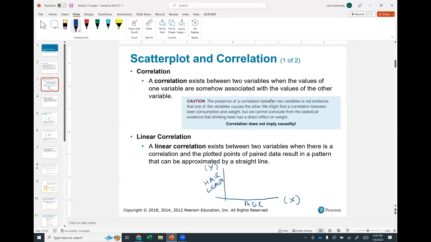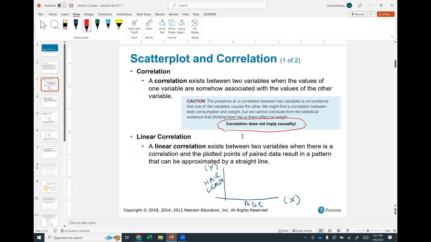The presence of a correlation between two variables is not evidence that one of the variables causes the other. We might find a correlation between beer consumption and weight. Maybe that would have been a better example. But we cannot conclude from the statistical evidence that drinking beer has a direct effect on weight. Correlation, this is very important right here. Correlation does not imply causality, because many things could have happened.